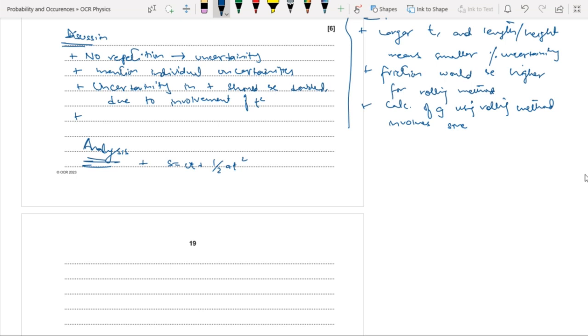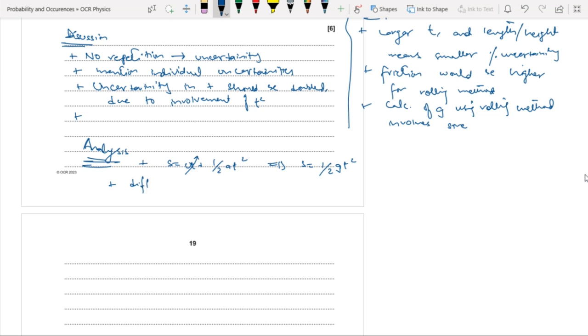Since the initial velocity is 0, the equation would be reduced down to s equals half at squared. In order to find the value of g, the student would use different values of s and t to find g, and then finally take the average of all the readings.